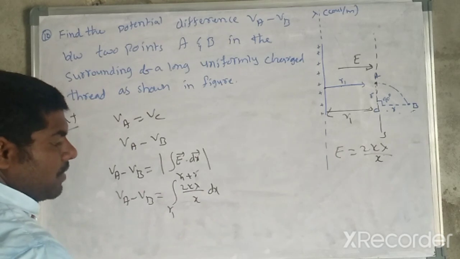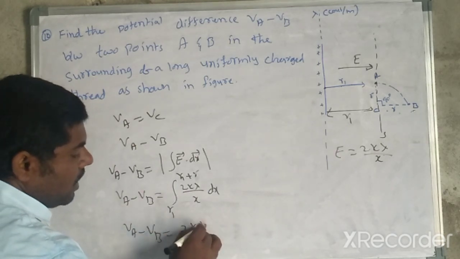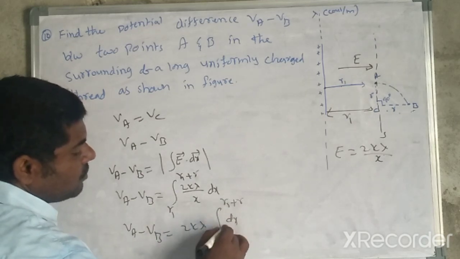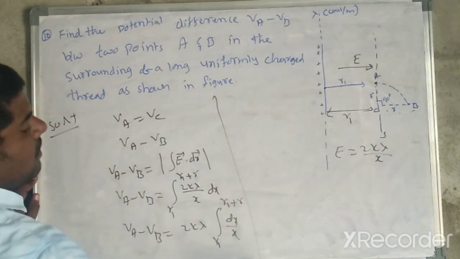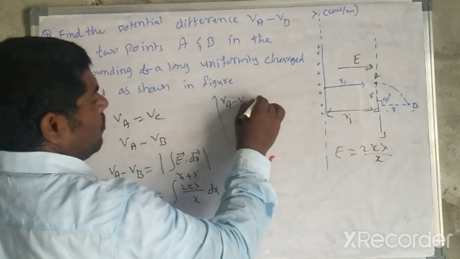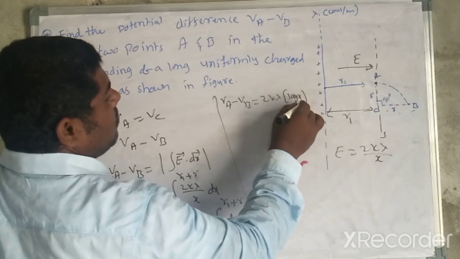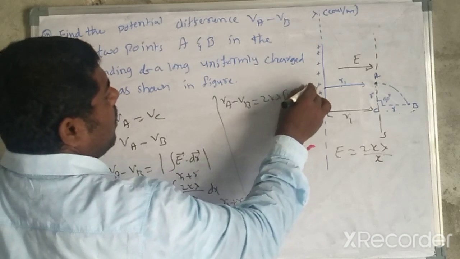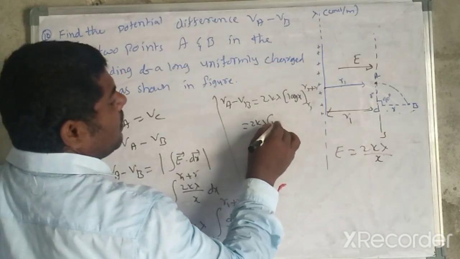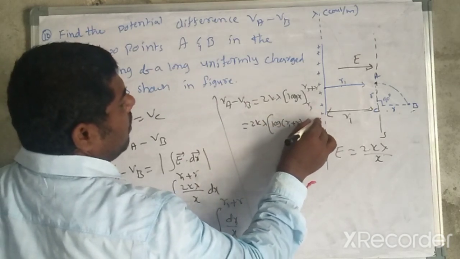So 2k lambda you may write outside the integral. VA minus VB is equal to 2k lambda times the integral from r1 to r1 plus r of dx by x. The integral of dx by x is nothing but log x. So VA minus VB is equal to 2k lambda into log x from r1 to r1 plus r. Higher limit minus lower limit: log of r1 plus r minus log of r1.